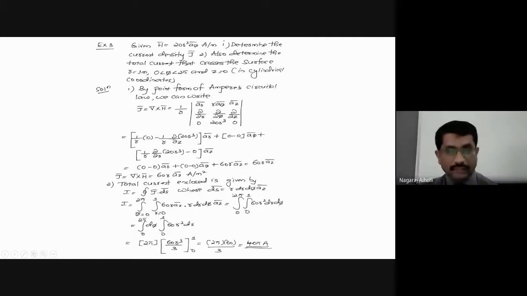What is dS bar? dS bar is r dr d phi az bar. For this we have to go back to our module 1. In module 1 we have discussed the area in the cylindrical coordinate system. If the perpendicular direction is along the z direction, then the area of the surface formed is given by the product of the sides.